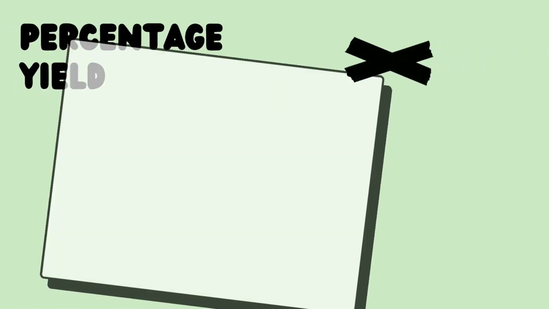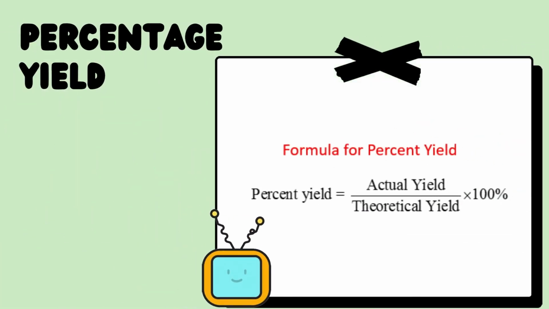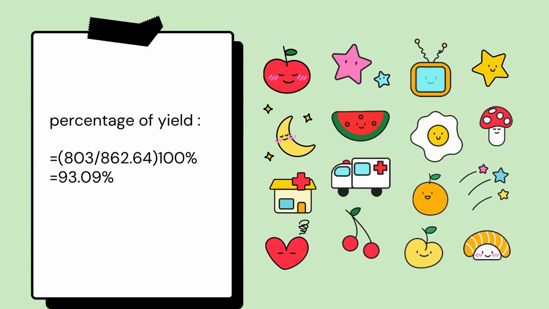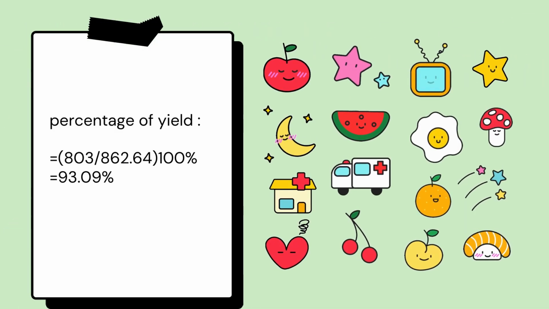Let's go to question B. Question B requires us to find the percentage yield. So this is our formula. Percentage yield equals actual yield over theoretical yield, multiplied by 100%. So this question is really straightforward. We just need to substitute the values.